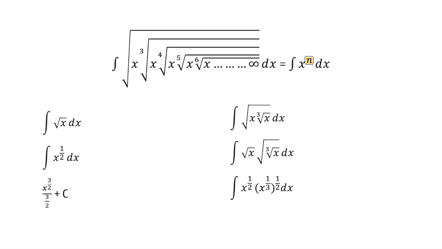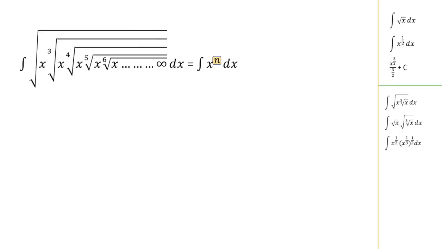Now this gives us an idea on how to approach this much more complex general case, because now we know that we can simply distribute the square root and then the cube root and then the fourth root and so on to get some power of x, and then multiply them to get x raised to power n to evaluate this integral.